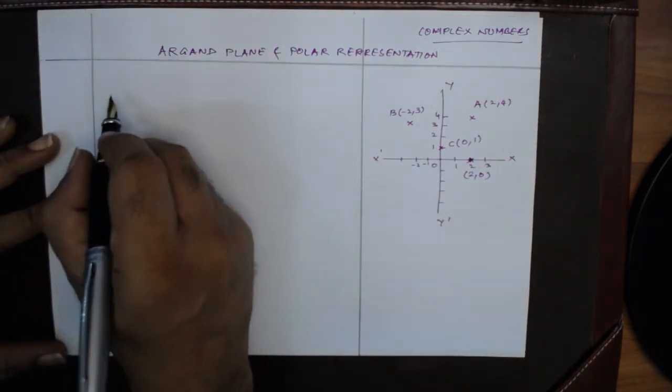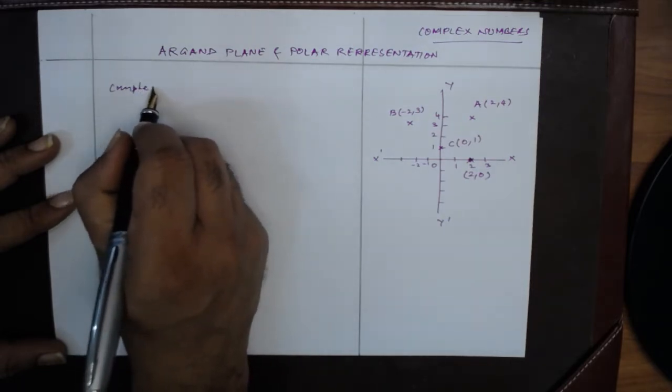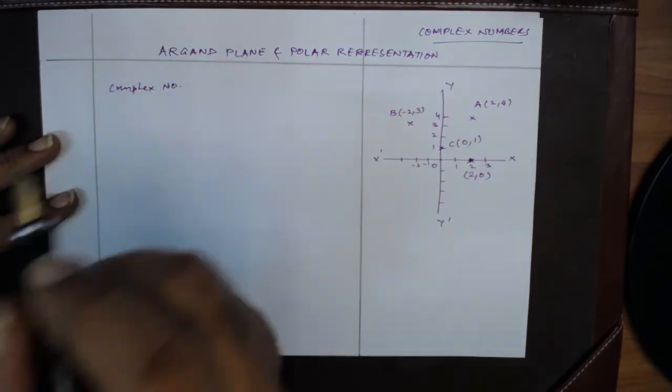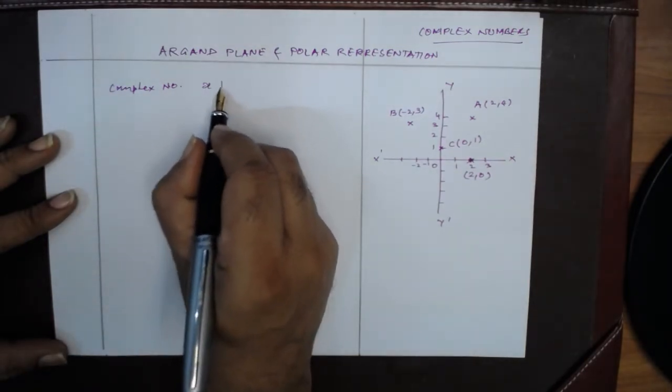We know already a complex number can be represented by a plus ib or x plus iy.